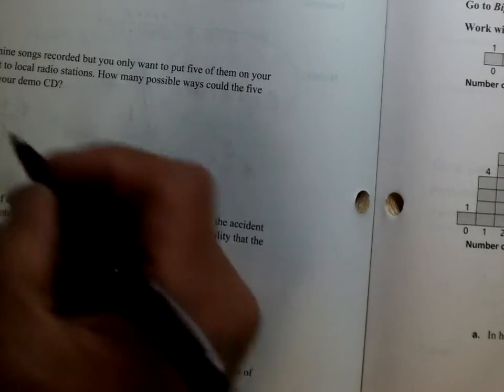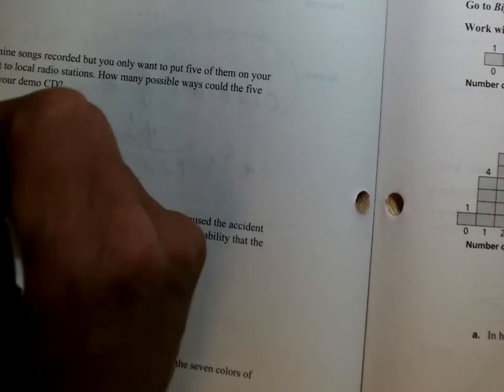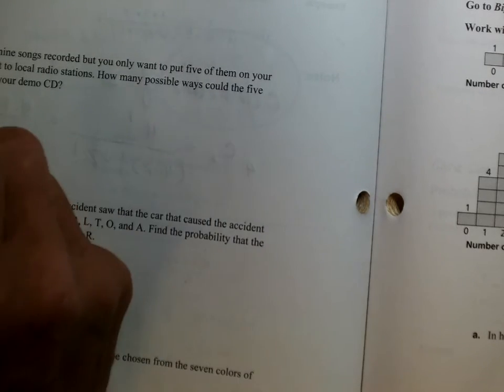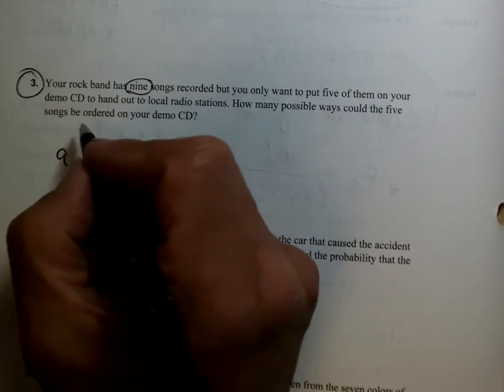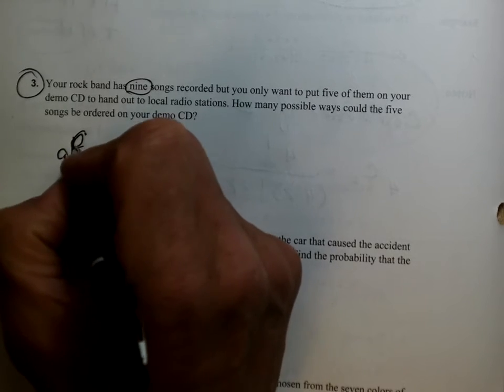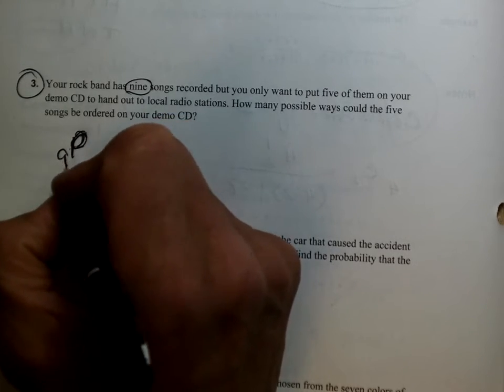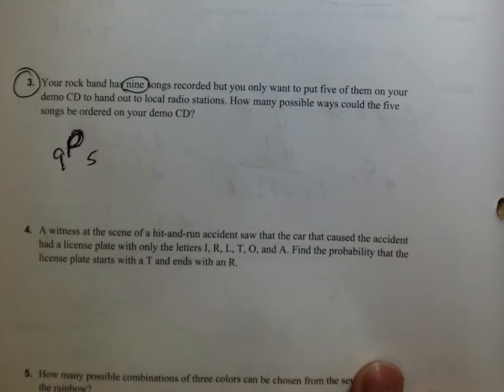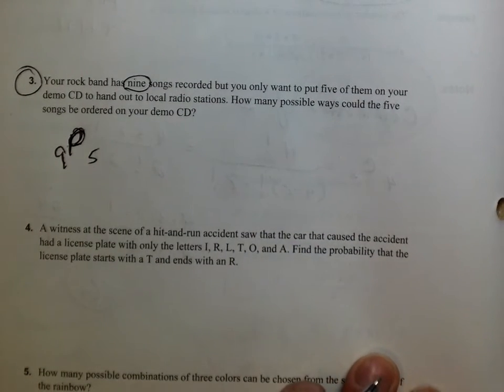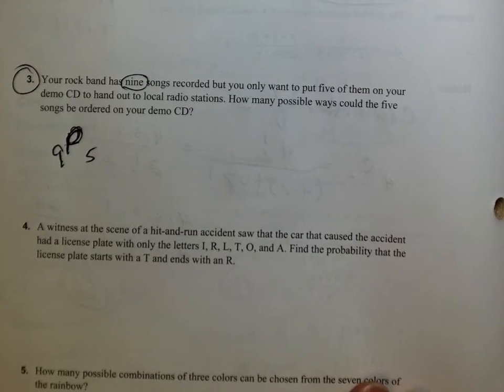It's going to be a permutation, so there are 9, it's going to be 9P5. Now we're going to have to use our formula. Order is important because the first track is like my rock song and the second track is maybe my mellow song.